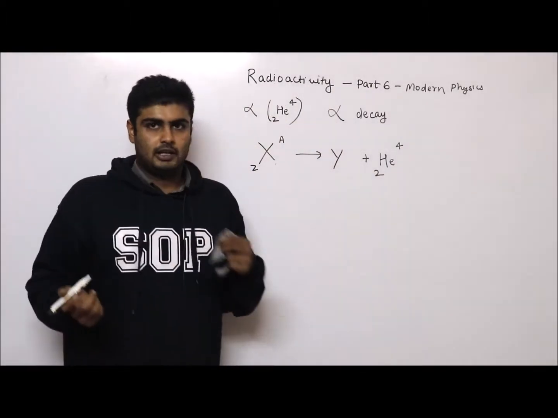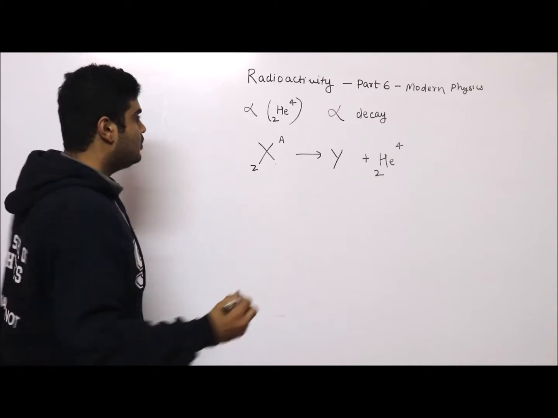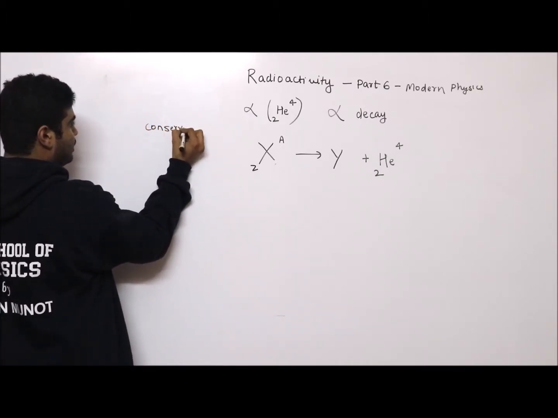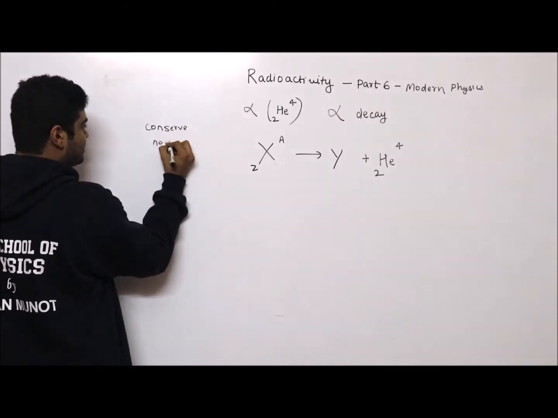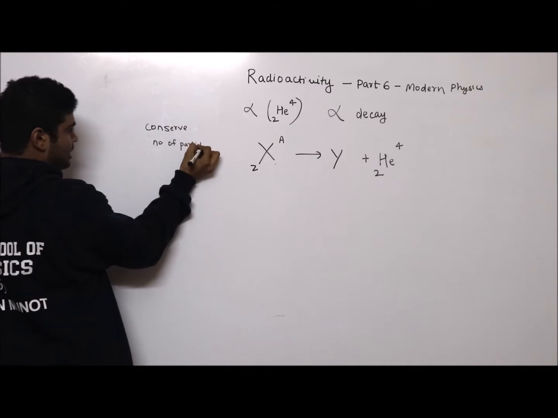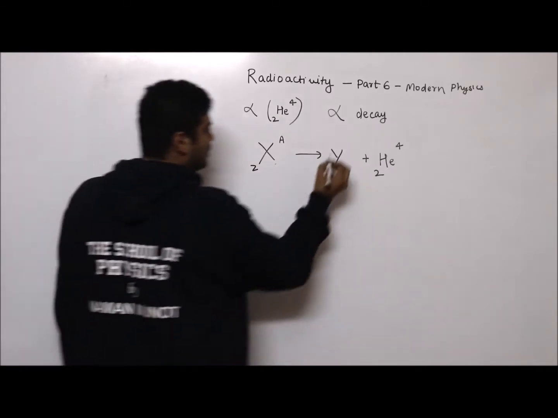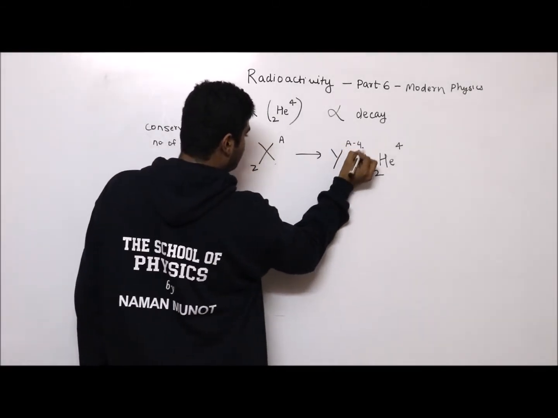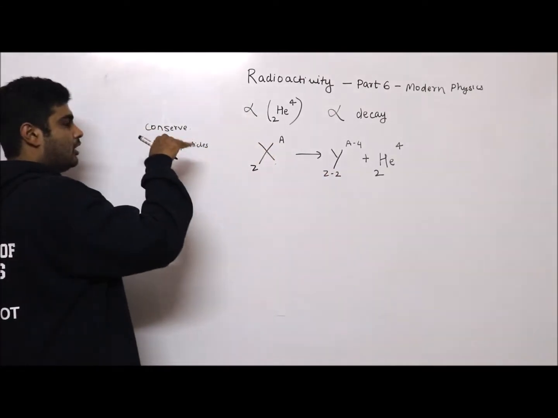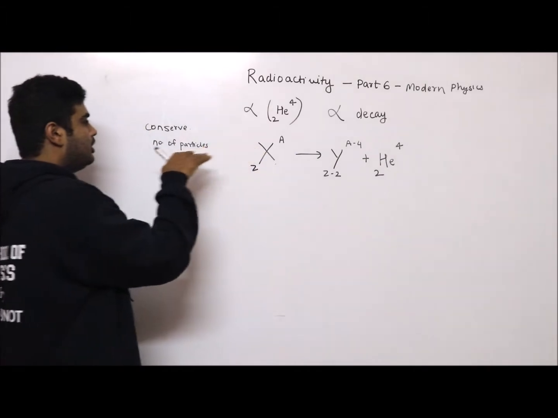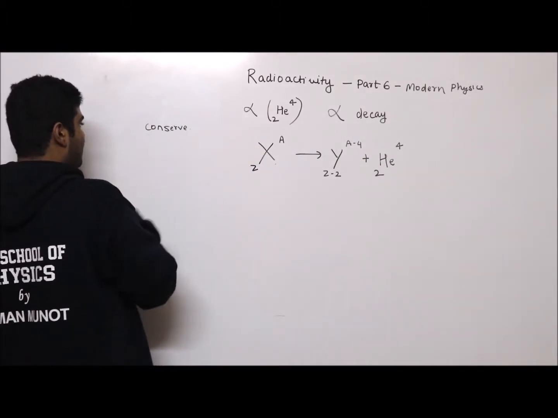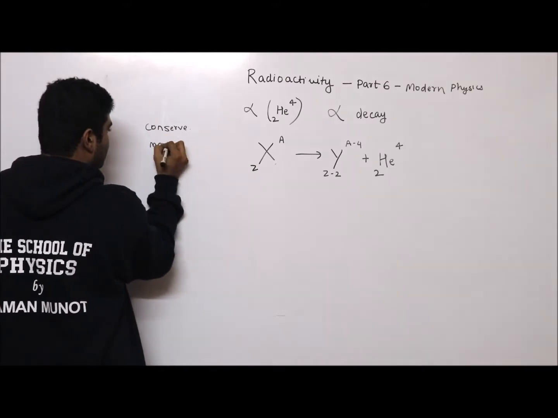In any decay, we have to conserve the number of particles. So this becomes A minus 4 and this becomes Z minus 2. We have to conserve both the mass number and the atomic number.